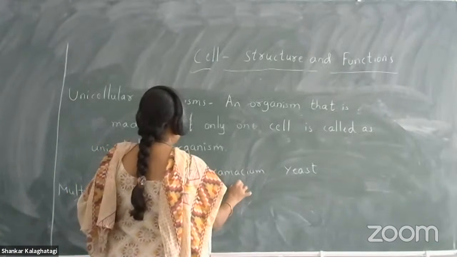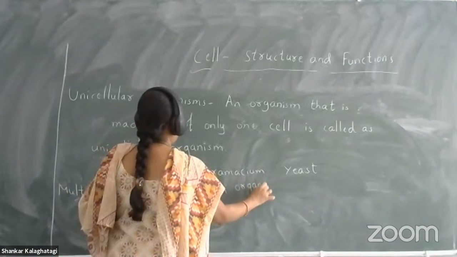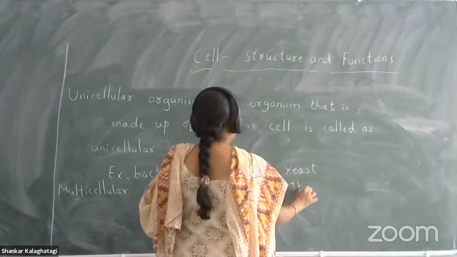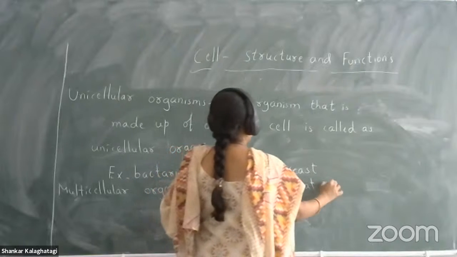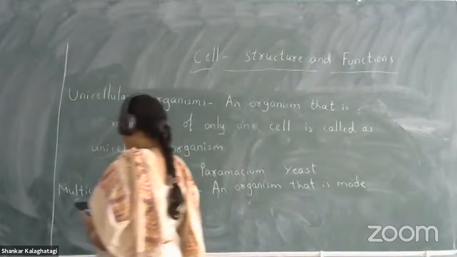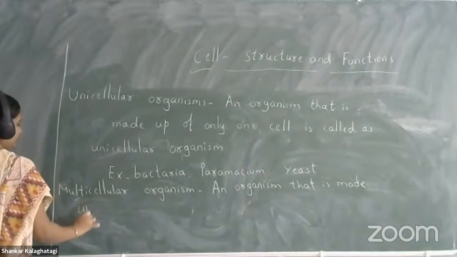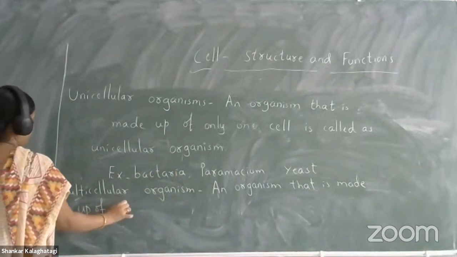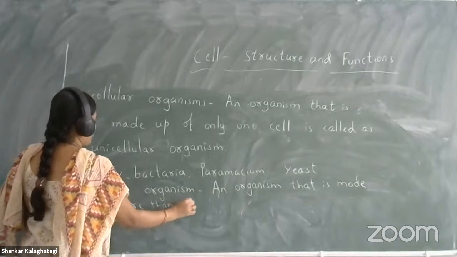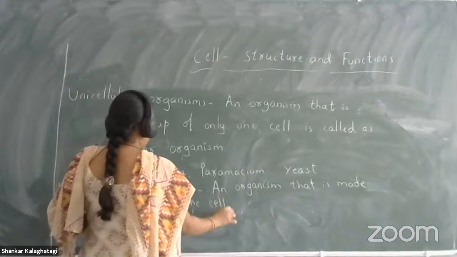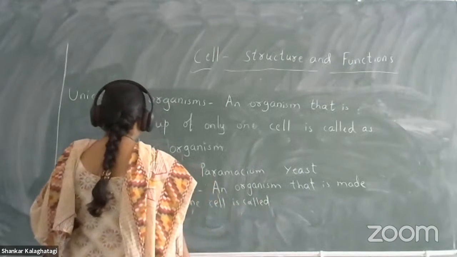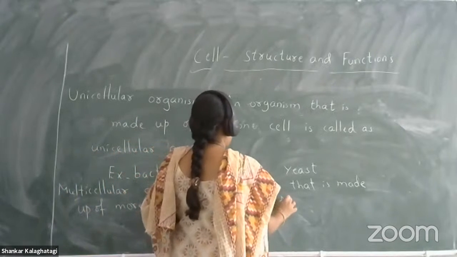An organism that is made up of more than one cell is called a multicellular organism.